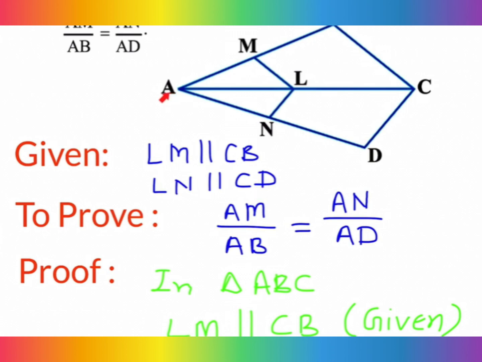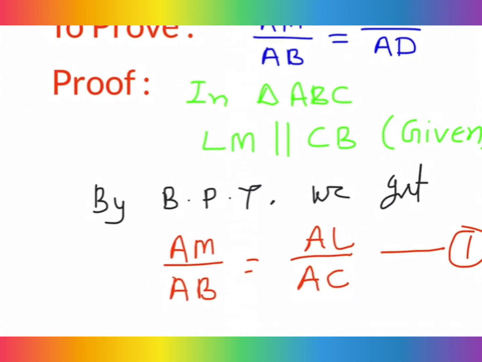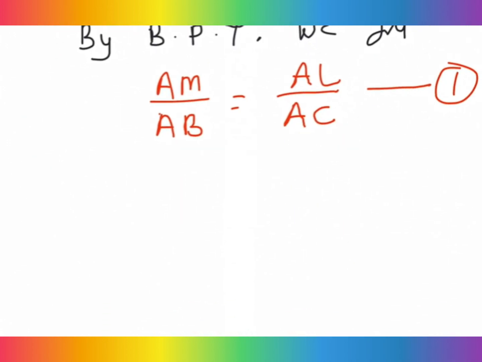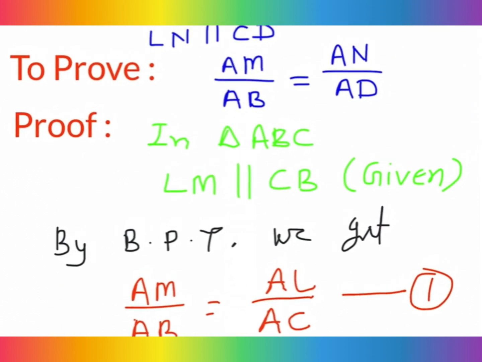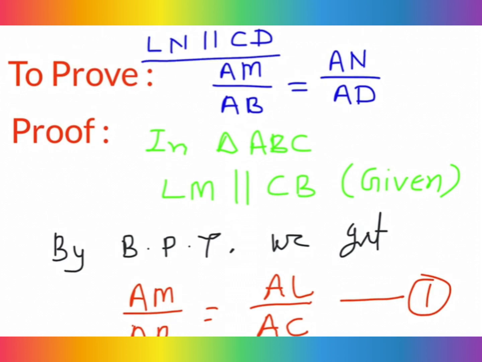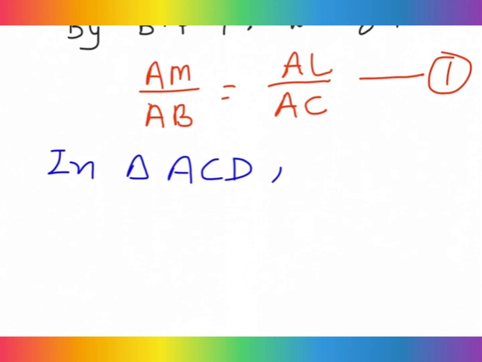So you will write: in triangle ACD, it is given that LN is parallel to CD.